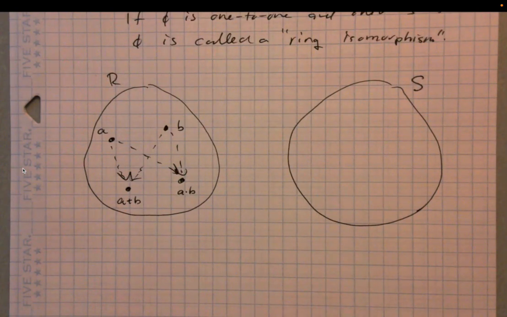So you've got this mapping, A and B, well, obviously mapped to other elements when added together and when multiplied.